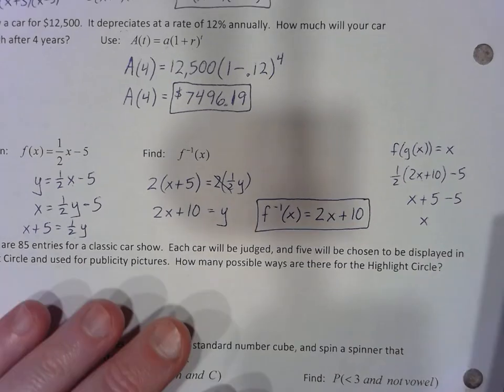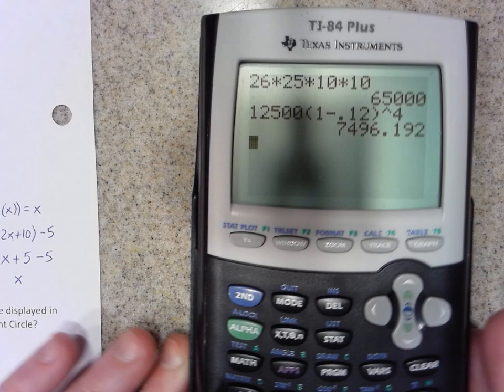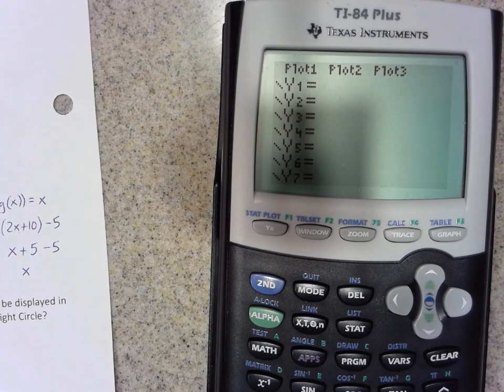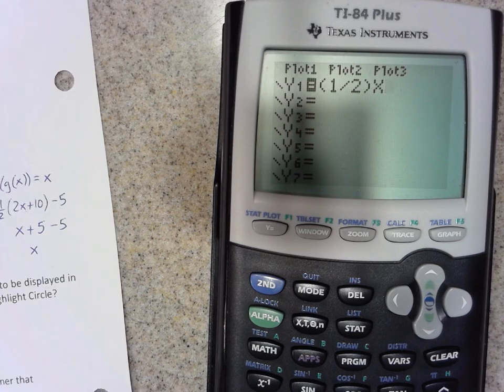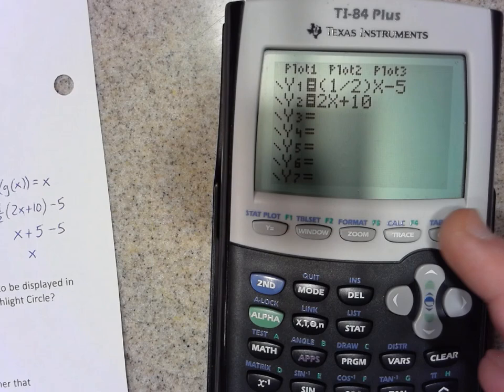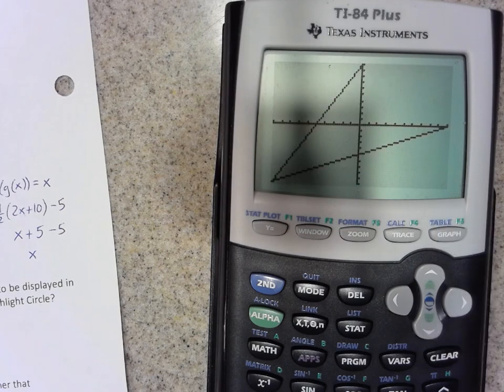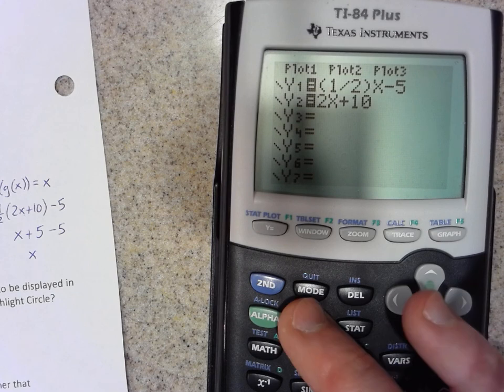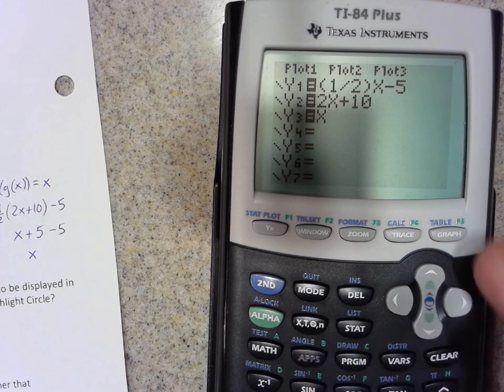The other thing to note is that if you graph these two, go to y equals, and I want to graph 1/2 x minus 5, and I want to graph the inverse that I found, 2x plus 10. And if I graph those two, what should happen is that these two are reflections of each other across the line y equals x.